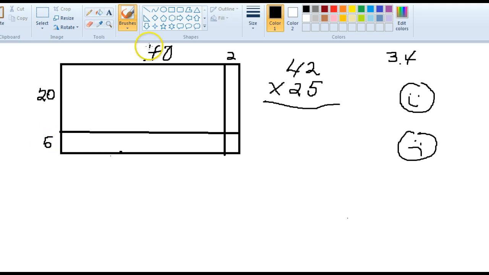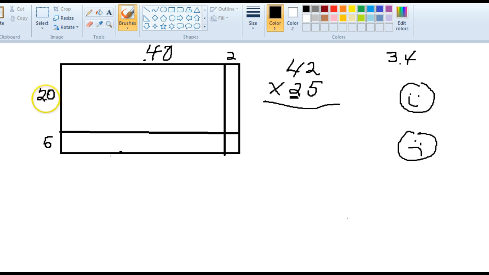We're going to be doing all of our multiplication with our tens digit first, which is the 2 over here. But in our model, we know the 2 really means 20. So we'll be doing all of our multiplication with the 20 first.